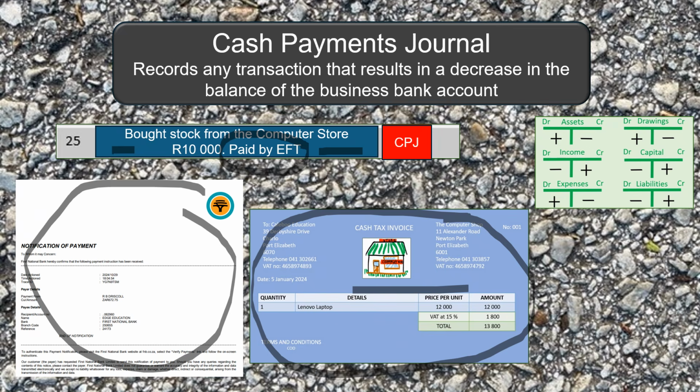Then we made a payment, the EFT, and there's the confirmation slip. So these two documents would go together. The EFT paid this invoice, and the payment was made to the computer store.